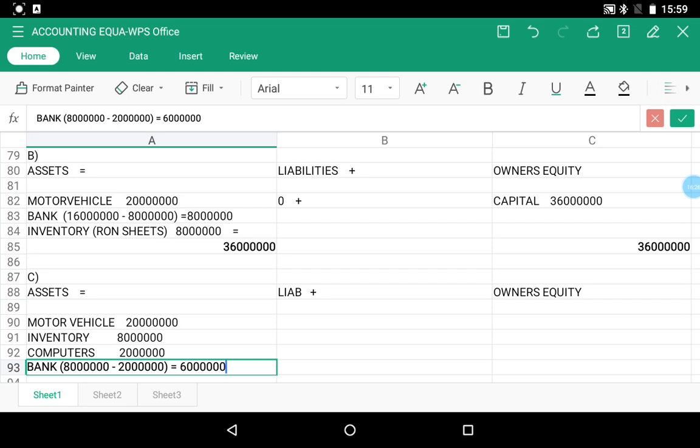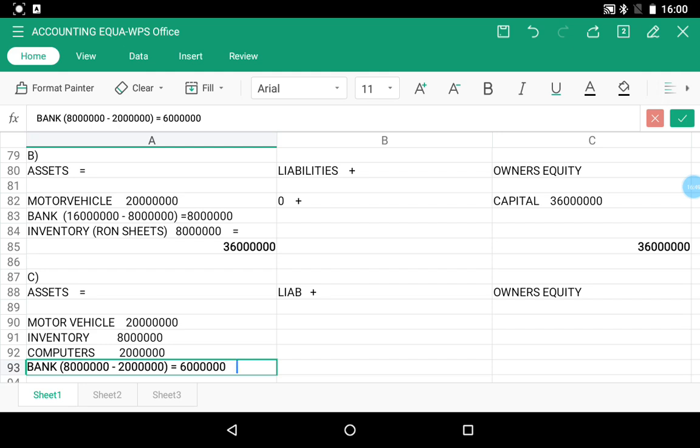I told you these things for accounting equation. You first see, do you have the details that you were having in the previous question? For example, in B we were having motor vehicle, bank, inventory. We have them, and when you check our question, we have tackled it. So it means we don't have any other assets.